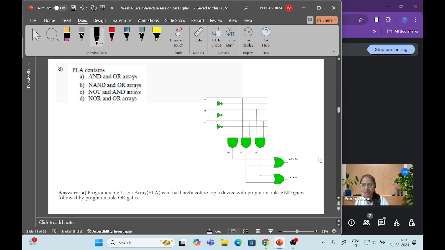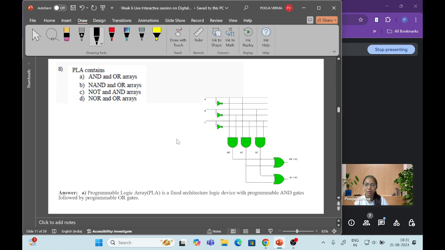So next question is: PLA contains option A AND-OR array, option B NAND-OR array, option C NOT-AND array, option D NOR-OR array. What is the full form of PLA? Programmable logic array.